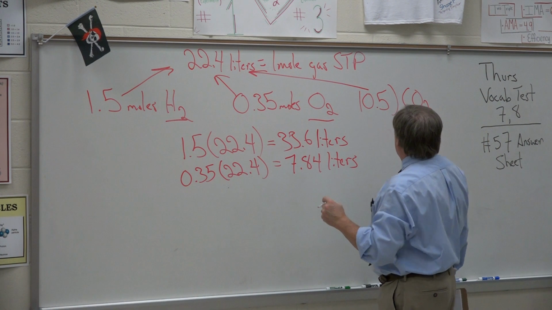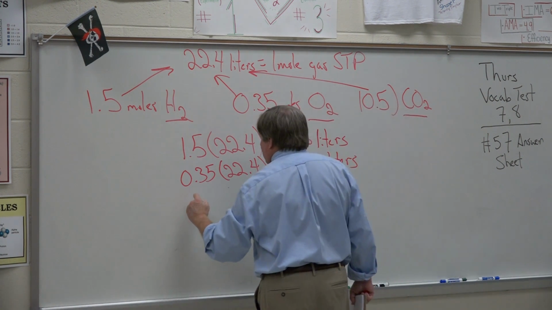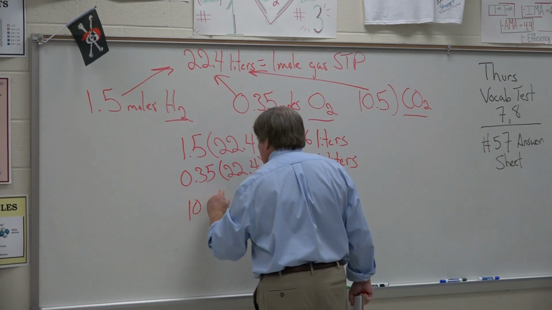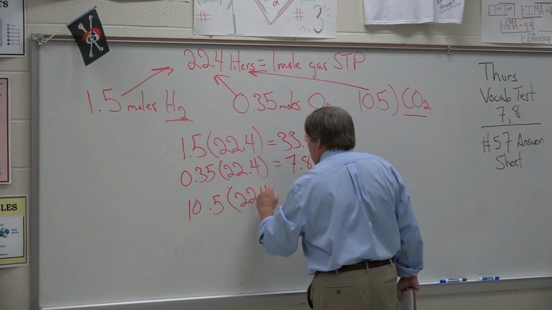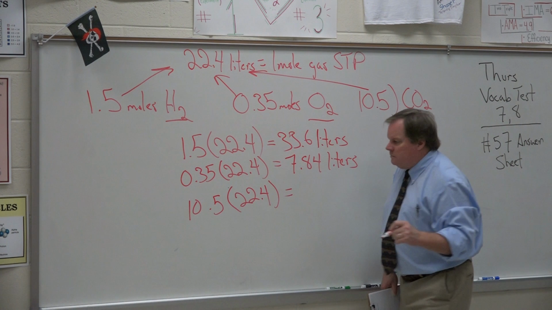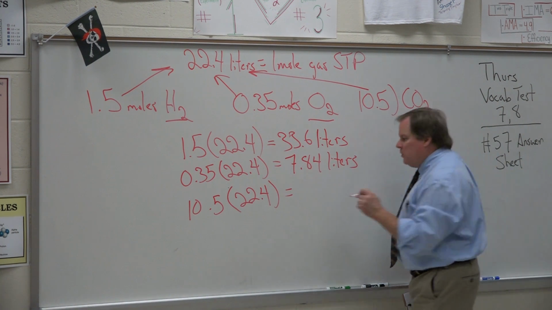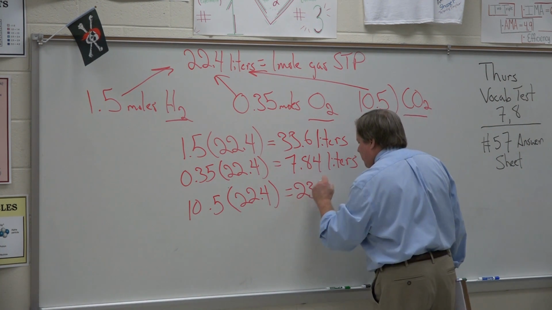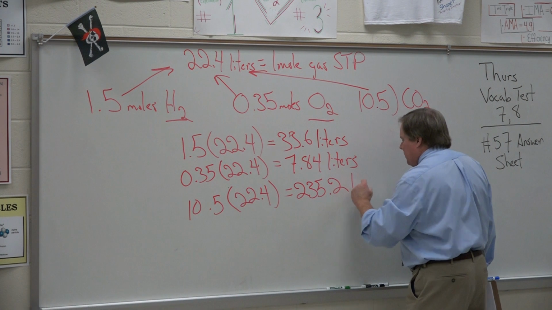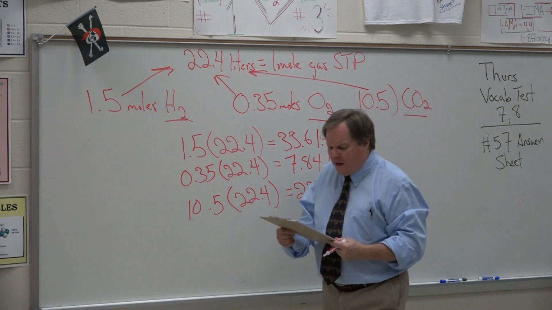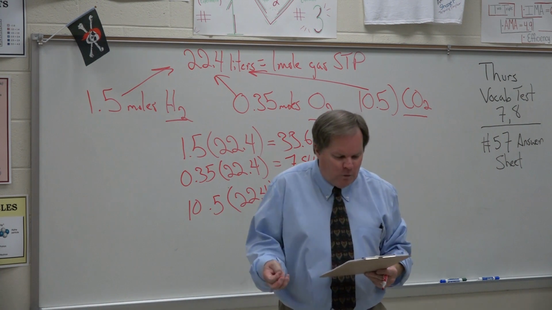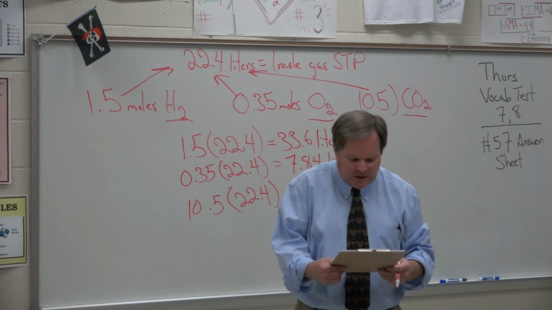And then finally, 10.5 moles of carbon dioxide times 22.4 is 235.2 liters of gas. So again, for 2 and 3, we don't need to know the molar masses.